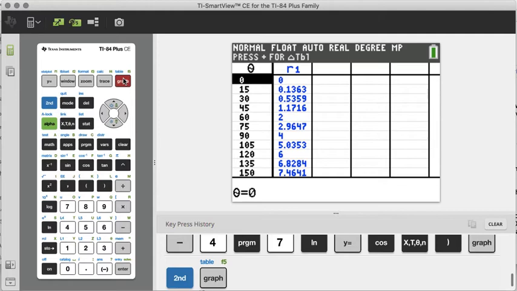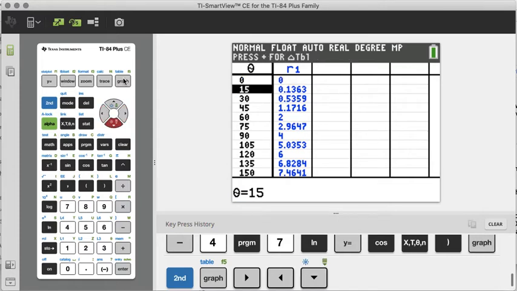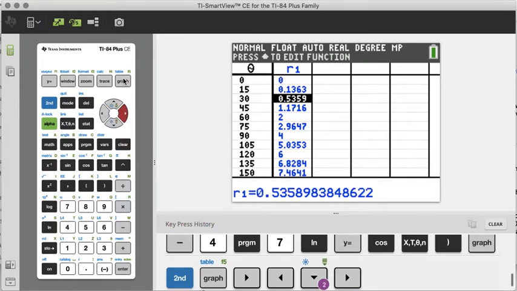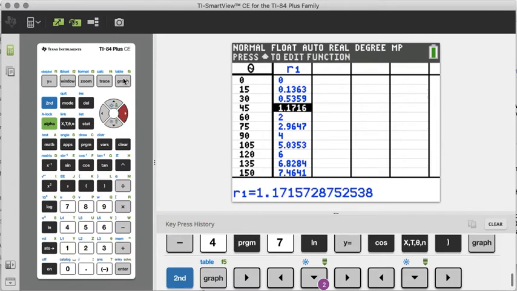Obviously when theta equals 0, r equals 0. When theta equals 30, r is 0.5. So you're going to find 30 degrees on the plane, and then go out half of a circle. At 45, we would be at 1.17.